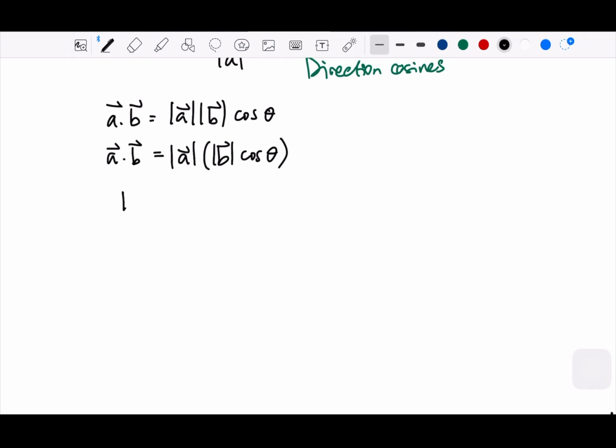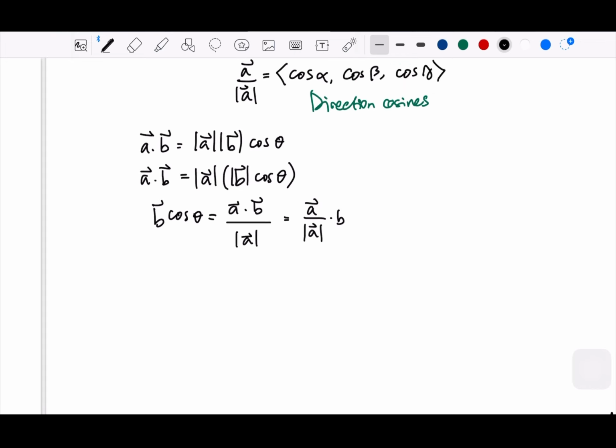Now we could write B cosine theta as A dot B divided by A, or we can see that this is the unit vector, right?